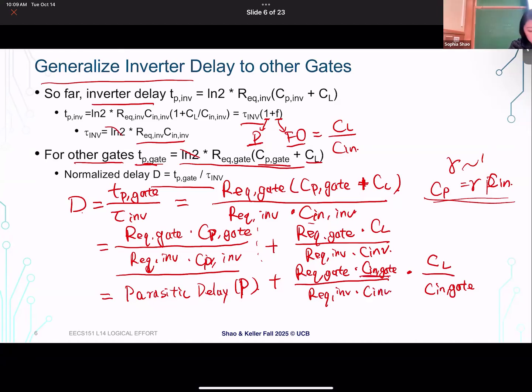So I'm adding this term on both sides. It will cancel out, but it gives me this nice way of thinking about this as the same fan out term, right? Again, the ratio, I like to think about the ratio of the load I'm driving compared to my own strength, right? So I still have my fan out term.